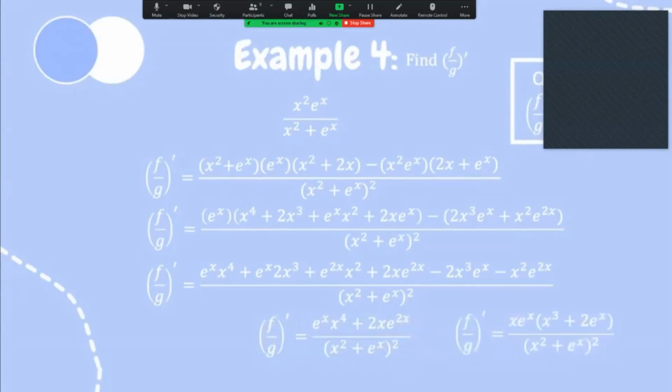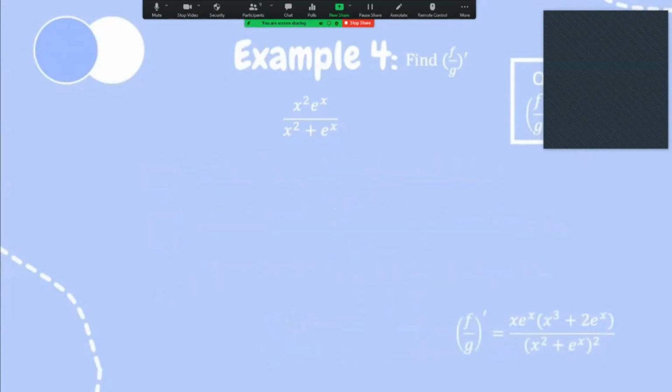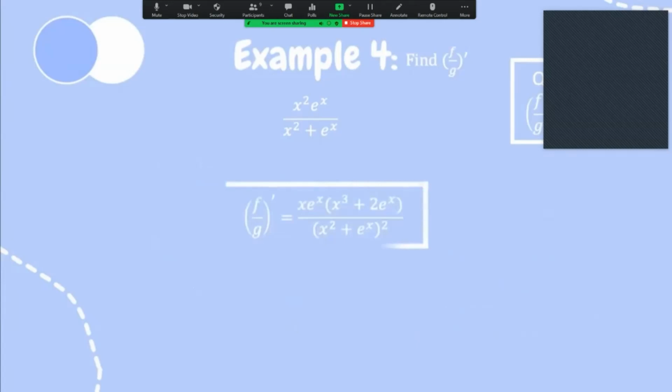So our final answer is x times e to the power of x times x to the third plus 2x to the power of x divided by x squared plus e to the power of x squared.